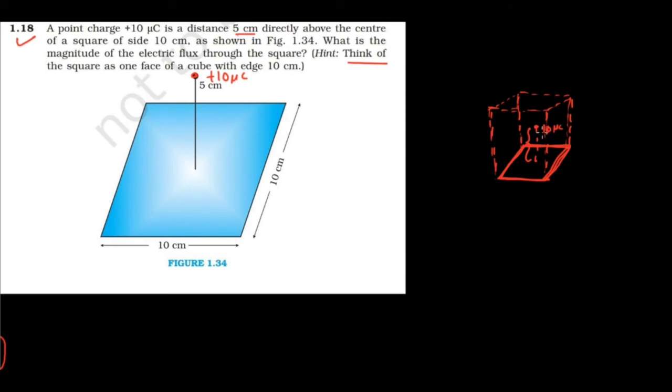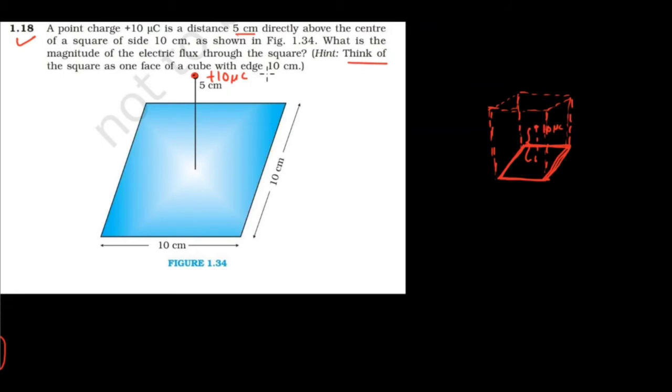Definitely the charge 10 microcoulomb will be placed at the center of the cube. And what is the reason behind drawing this imaginary cube? The reason is that we can use Gauss law, because to apply Gauss law we need a closed surface. If we have a single square, then this is not a closed surface. So to form a closed surface we have to draw an imaginary cube.